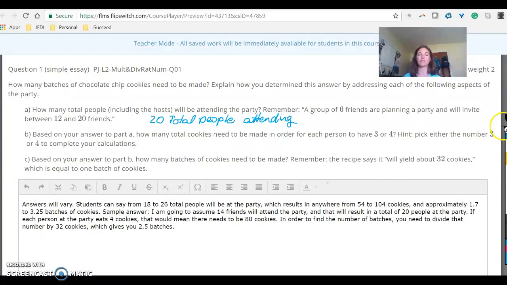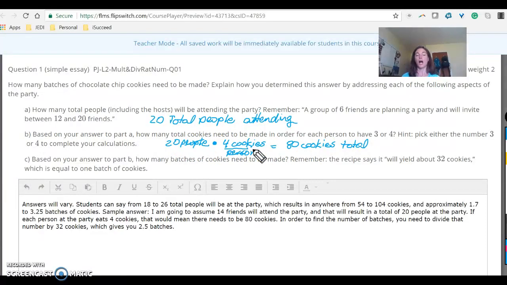So if I have 20 people and I need to multiply it by 4 cookies per person, 20 times 4 is 80 cookies total, okay? People cancel out there and I'm left with 80 cookies total.